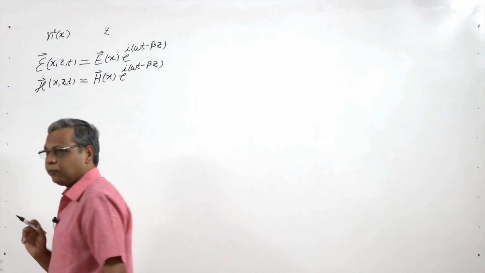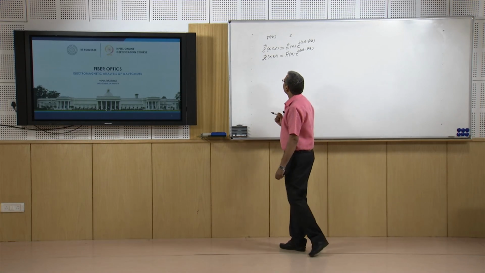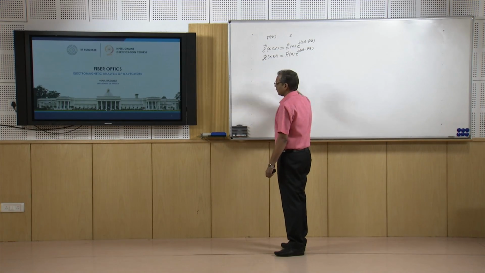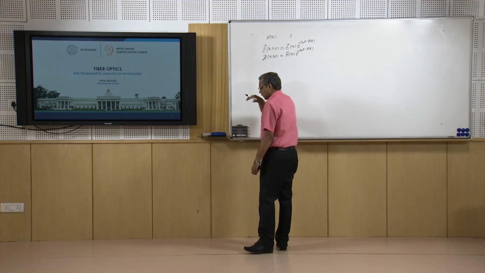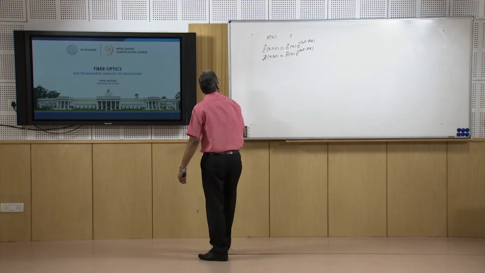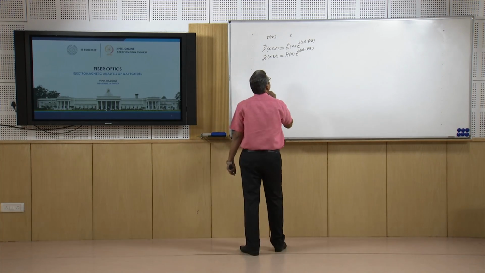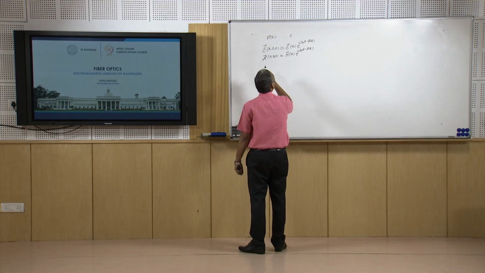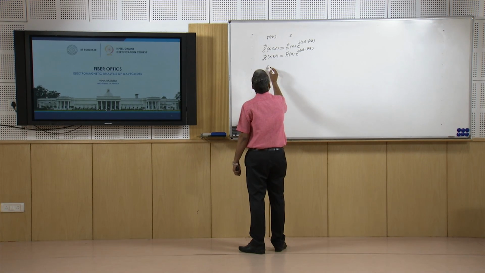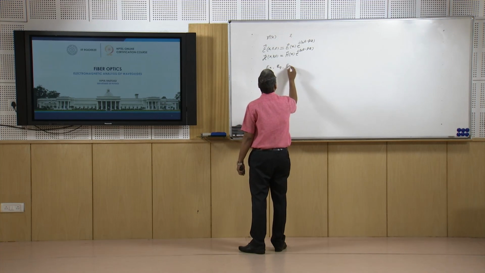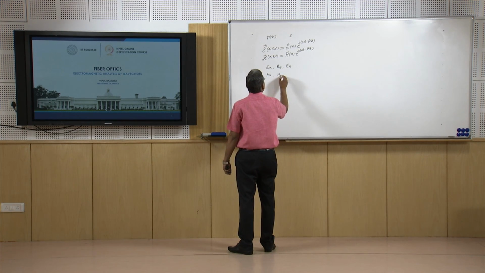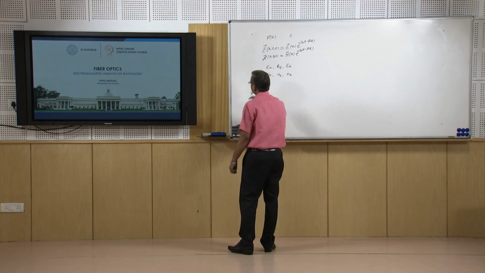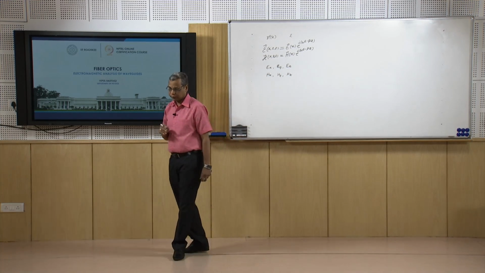So, they represent the modes, E of x and H of x, and we know that since this is propagating in z direction, we have E x, E y, E z, all these components, and H x, H y, H z, all these components of E and H would be there.